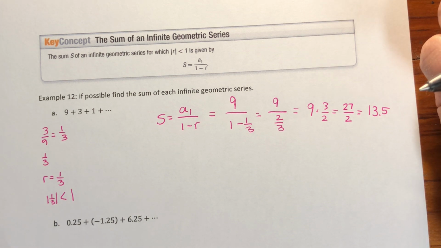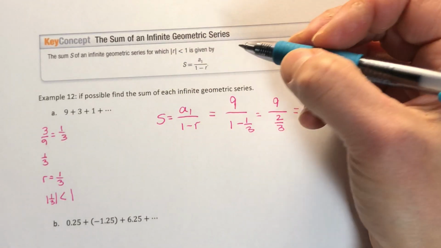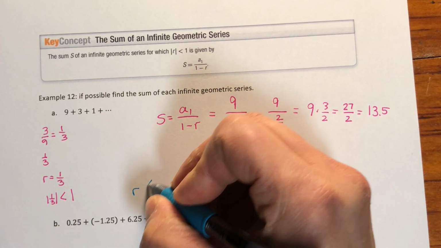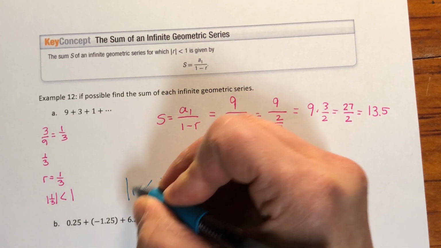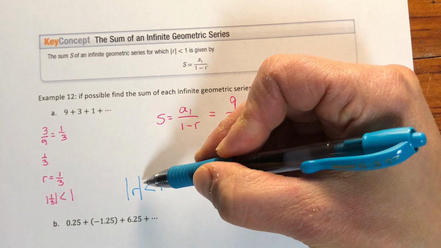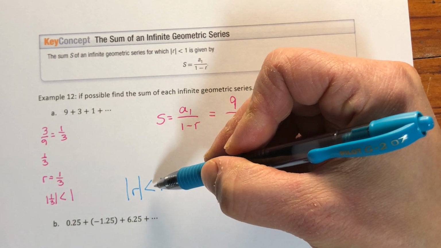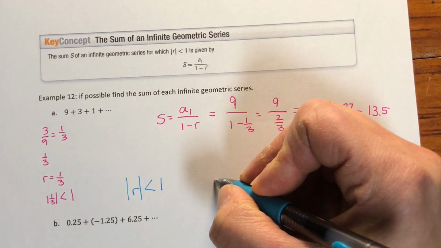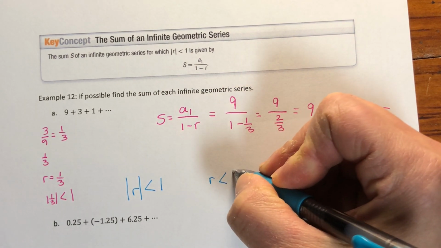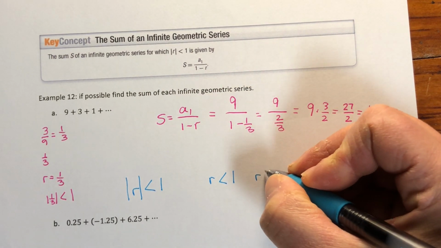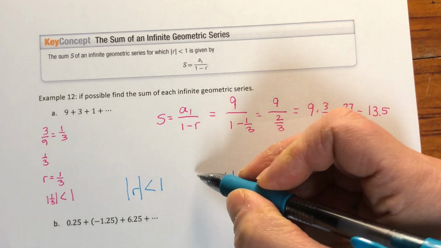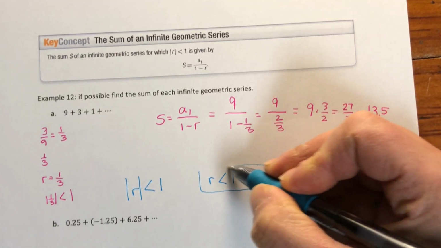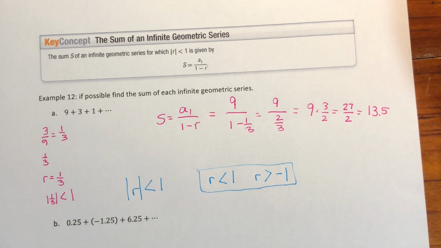So we can still figure out the sum of this series, as long as the absolute value of r is less than 1. What does this mean? It means that r has to be less than 1, and at the same time r has to be greater than -1. All right, so in other words, r needs to be a fraction.